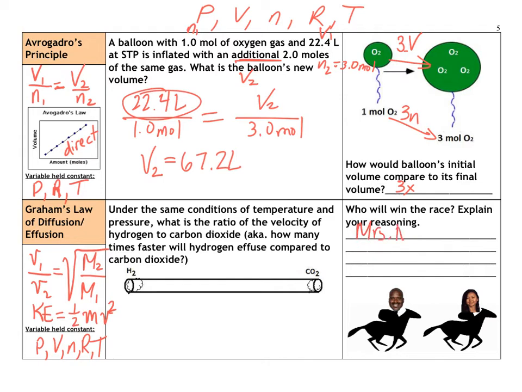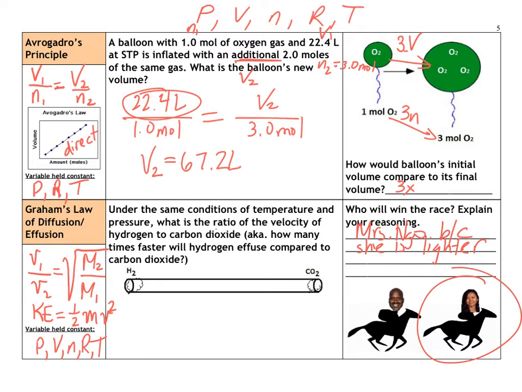And I hope you say me because I am lighter weight. And lighter gases are going to travel faster than heavier gases, molar mass wise. And so hopefully we are on the same page with this.